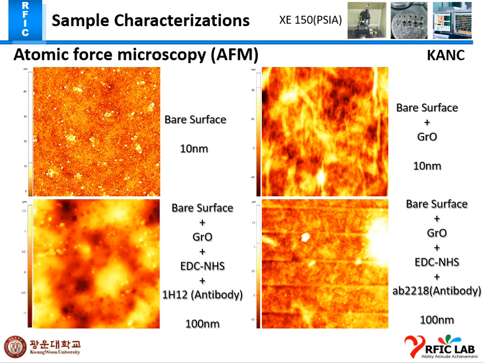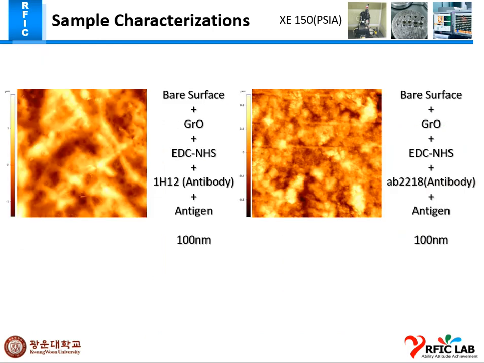And this one is the AFM figures. It's a bare surface with graphene oxide, using EDC with two different kinds of antibody with the same antigen. So we got different kinds of surface morphology under 100 nanometers.